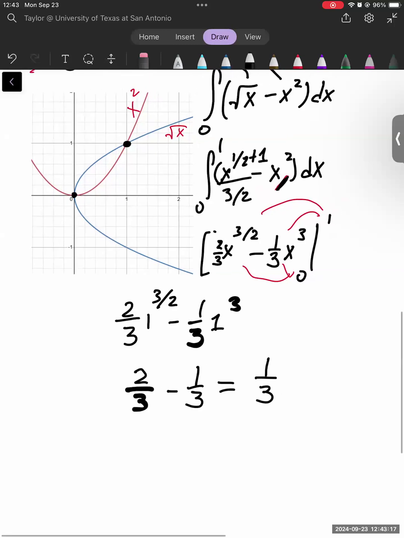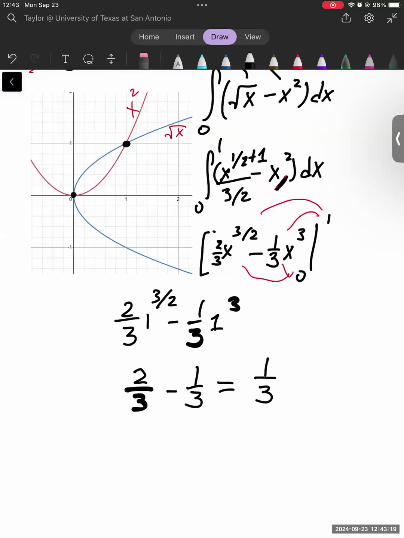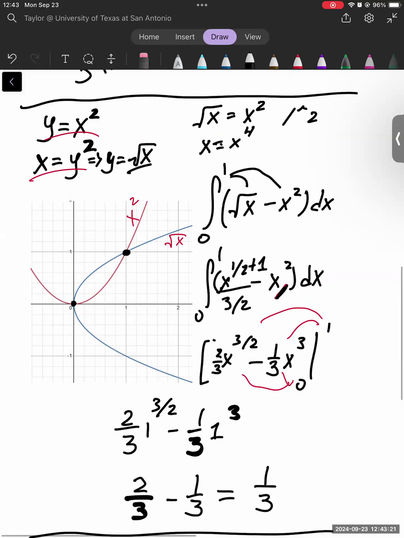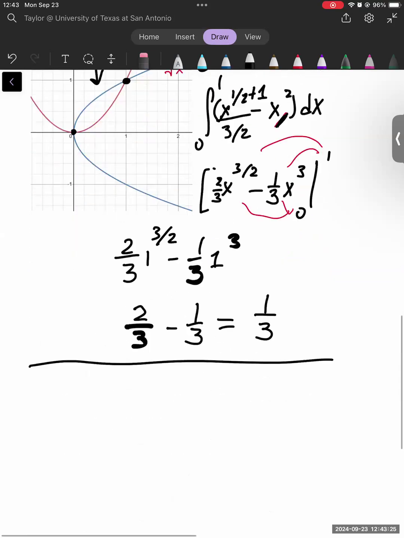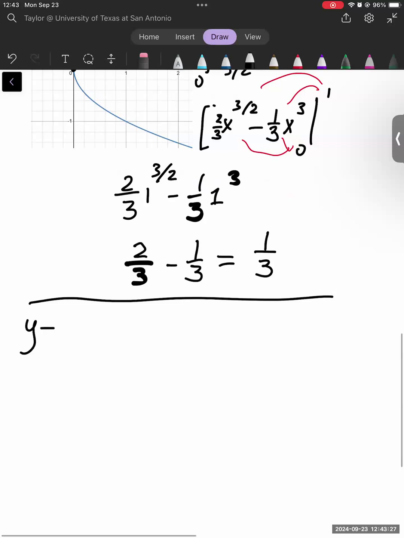So the next part of this problem, I'm going to take those same expressions using this same graph, but now I want to set this up with respect to y. All right, so what is the first step here?